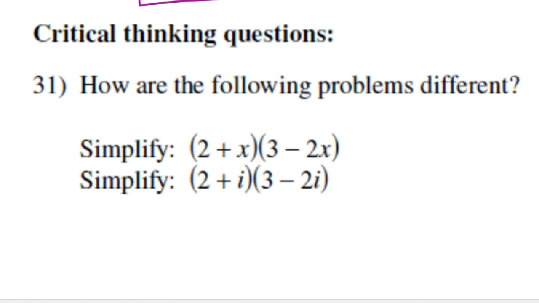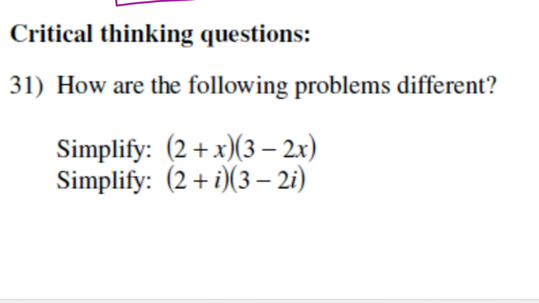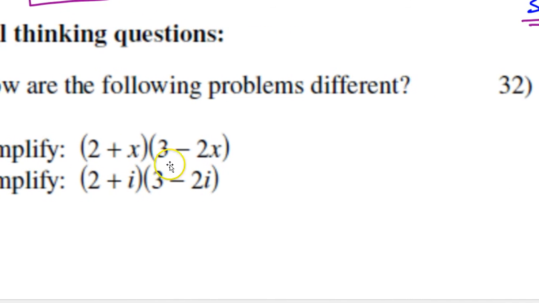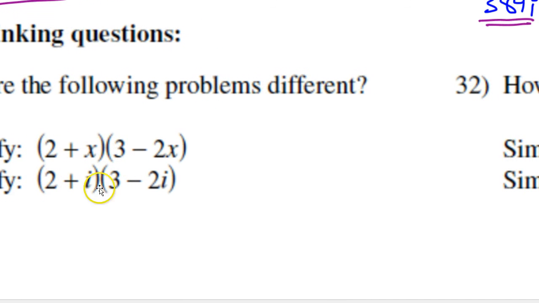Now we've got these critical thinking problems. How are these problems different? The only thing that's different in the way that it's set up is that we have i versus we have x. So let's check it out. If I did the top one, of course we're doing the double distributive property. That's going to give us 6, and then 2 times negative 2x, so it's negative 4x.